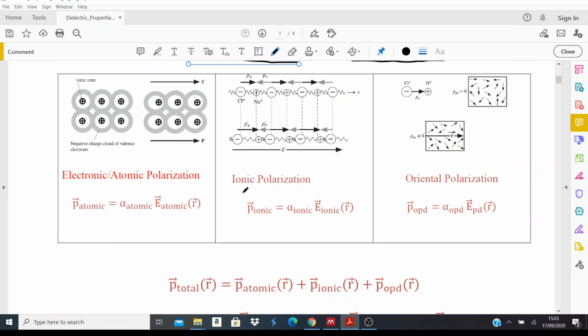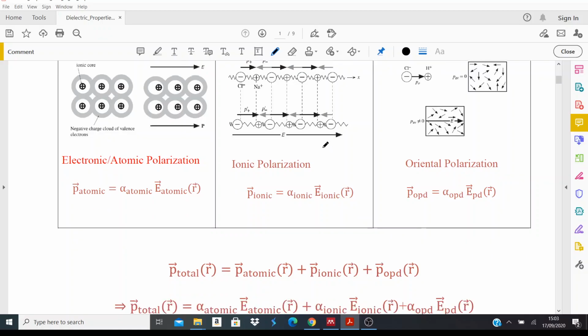Similarly, when we discussed the ionic polarization, which occurs because of the displaced ions from the equilibrium position under the influence of some electric field, the key message that I want to bring in this lecture is that when we found the expression for the contribution of a single ion pair in a unit cell consisting of a positive and a negative ion, the ionic dipole moment is nothing but alpha ionic, the polarizability of ionic polarization, times the electric field.